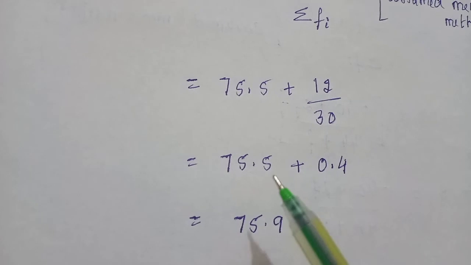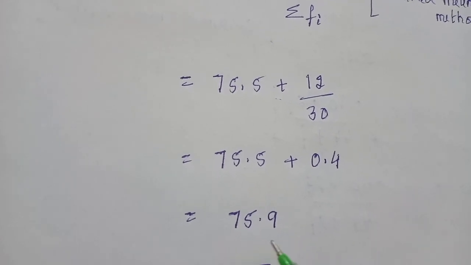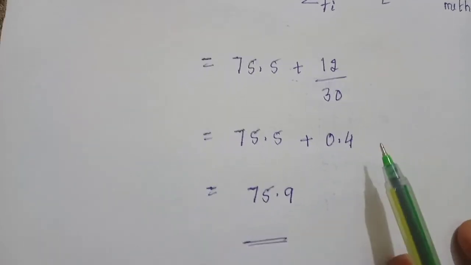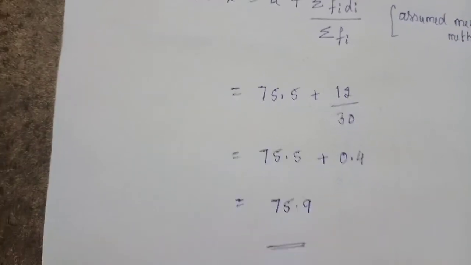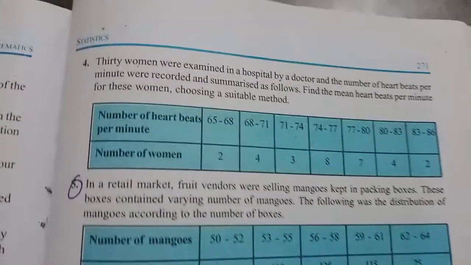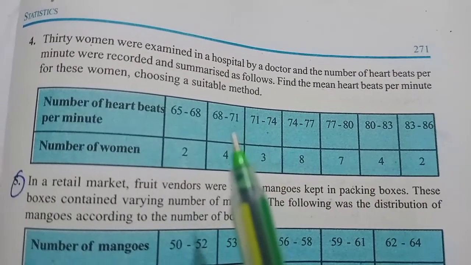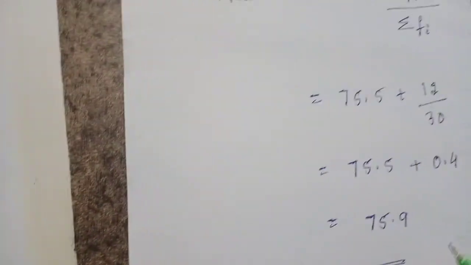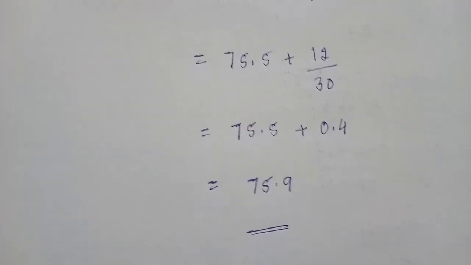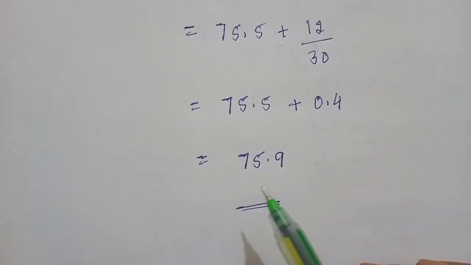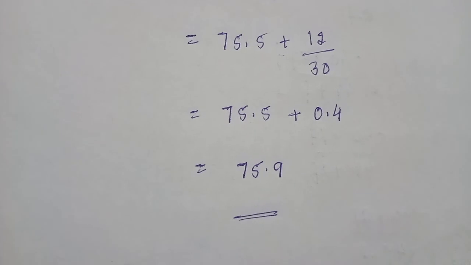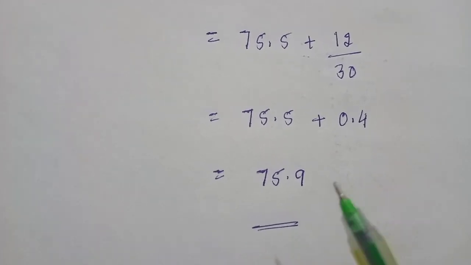Add with 75.5, we get 75.9. So let us conclude the answer. What did they ask? They asked to find the mean heartbeat per minute for these women. Therefore, the mean heartbeat per minute is 75.9 heartbeats. That is the conclusion of the answer.